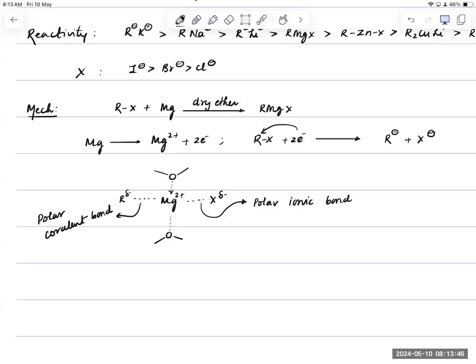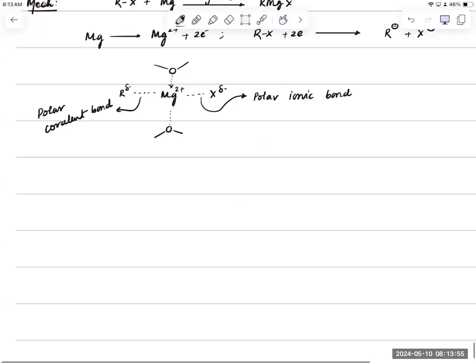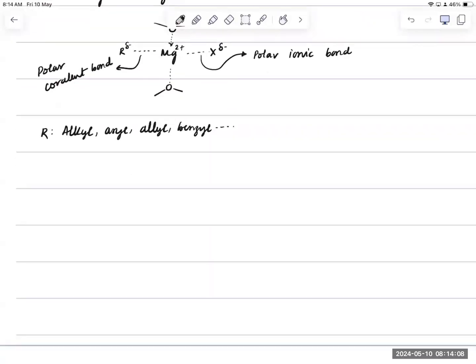Now this R could be of any kind: alkyl, vinyl, alkynyl, phenyl, allyl, benzyl, any form. It is not necessary that it has to be only alkyl.